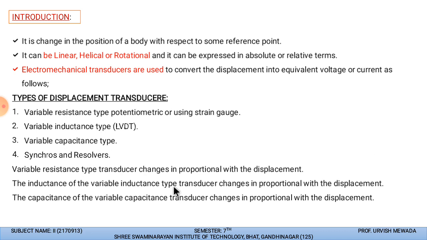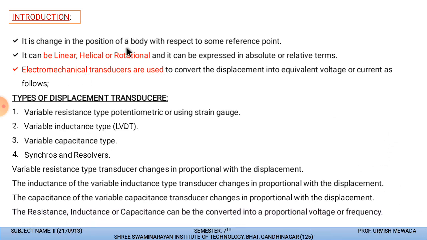This is how we can use the working principle of these elements for the measurement of the displacement of a particular object. The resistance, inductance, or capacitance can be converted into a proportional voltage or frequency.